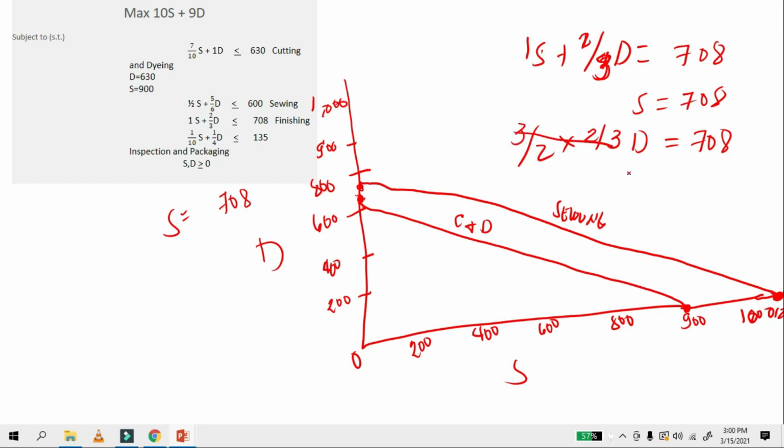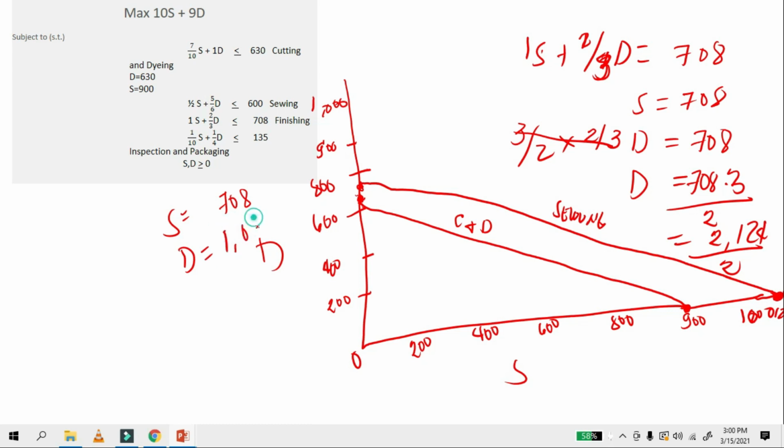So D is equal to 708 times 3 over 2. 708 times 3 is equal to 2,124. Divided by 2, it will be 1,062. So D for the finishing is equal to 1,062.